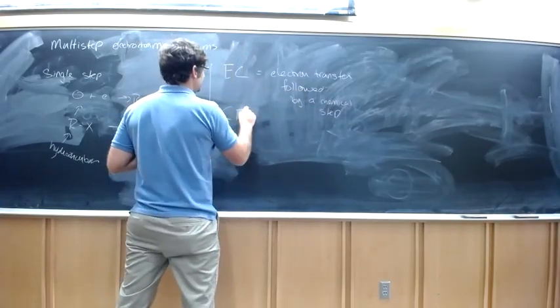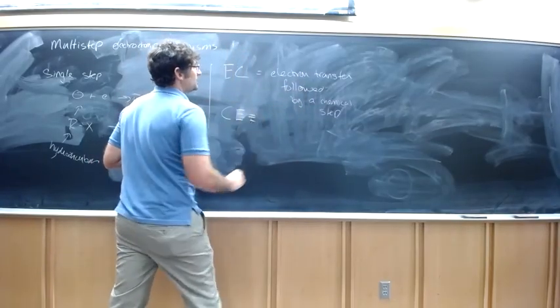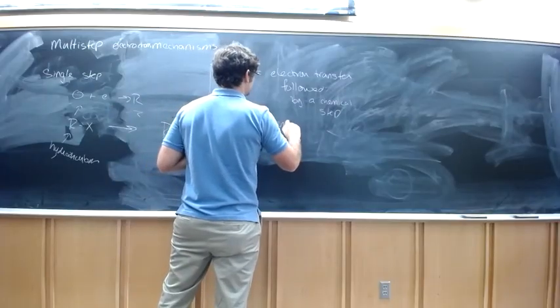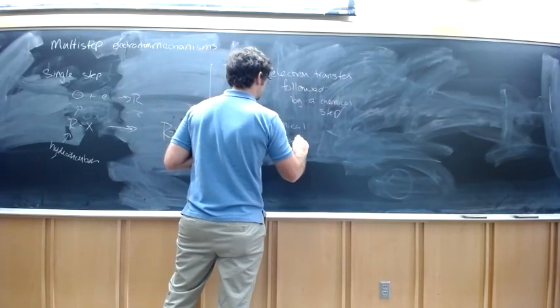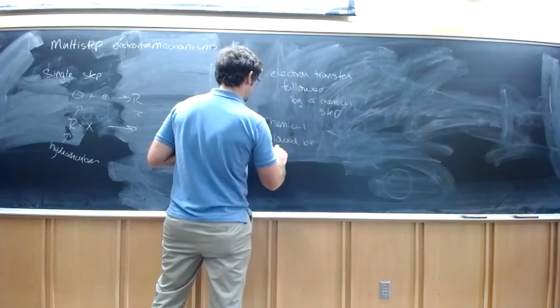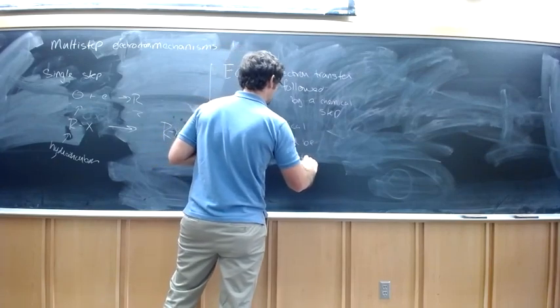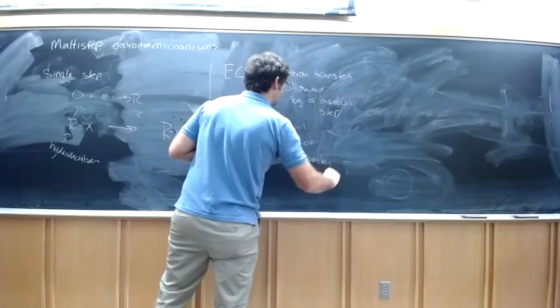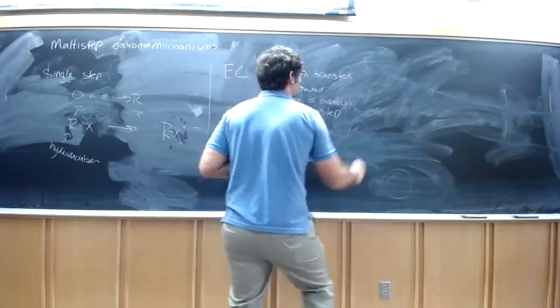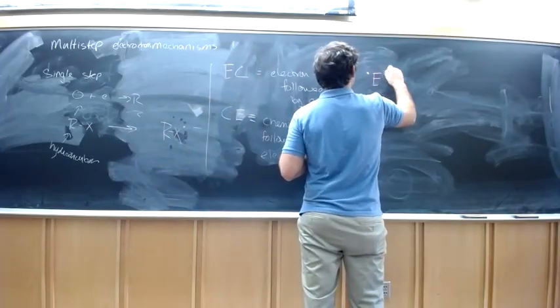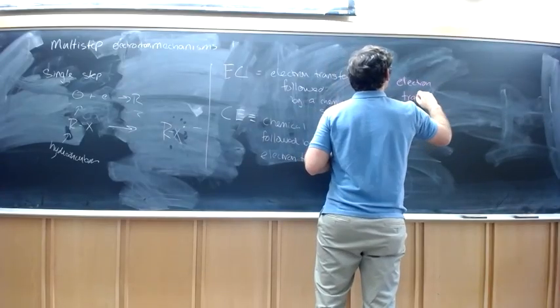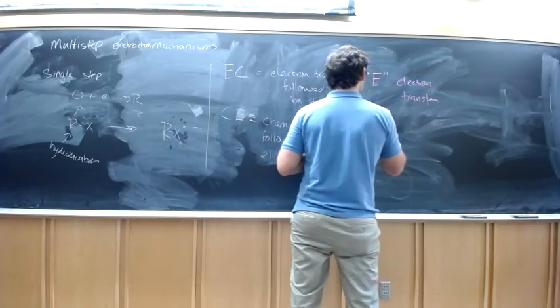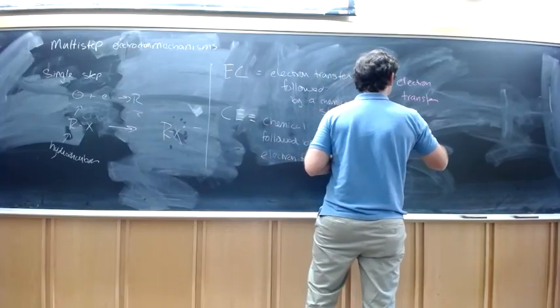We can also have a CE reaction, which is a chemical reaction followed by electron transfer. So more generally, we're going to call an E an electron transfer, and a C a chemical step.